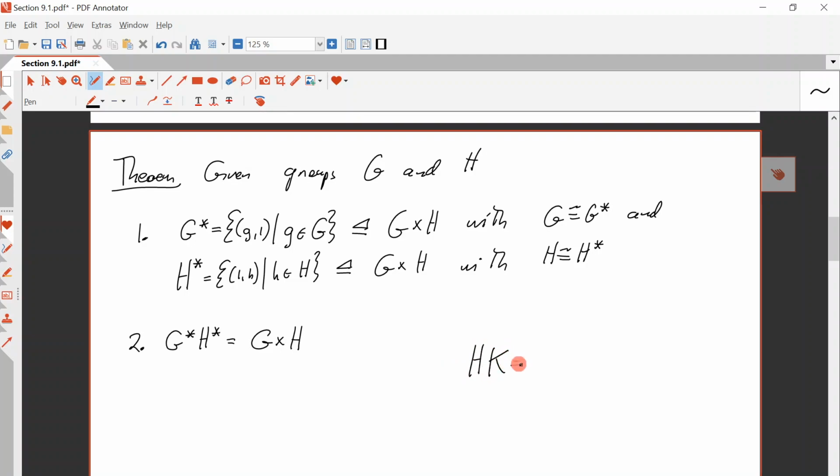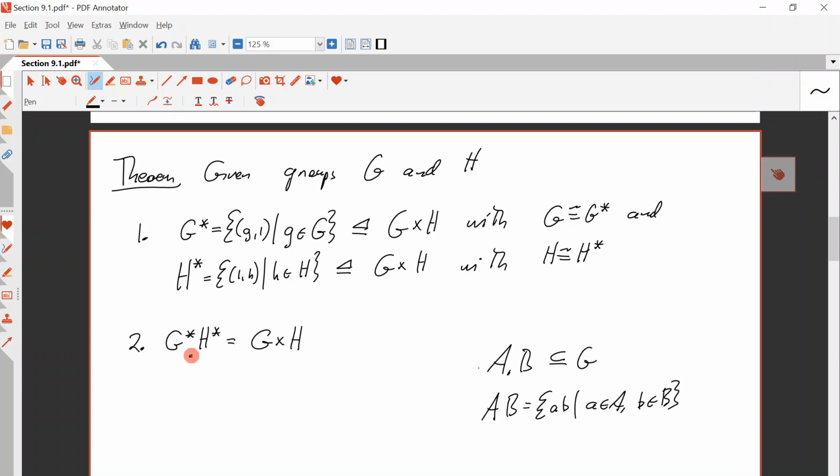HK is the set of all hk such that h is in H and k is in K. For subsets A and B of a group, AB is the set of all ab such that a is in A and b is in B. You can take two subsets of a group and take their product.